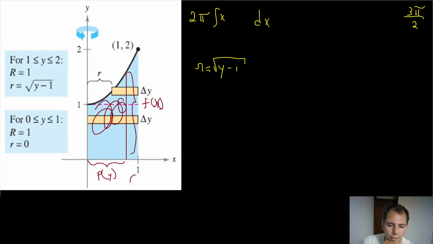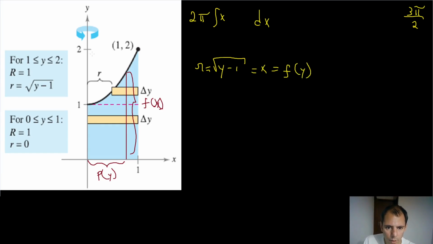So you don't have anything down here. There's no negative y. This is going to be the value of x, actually, because x is a function of y, okay? So you have this equals x, which equals a function of y.